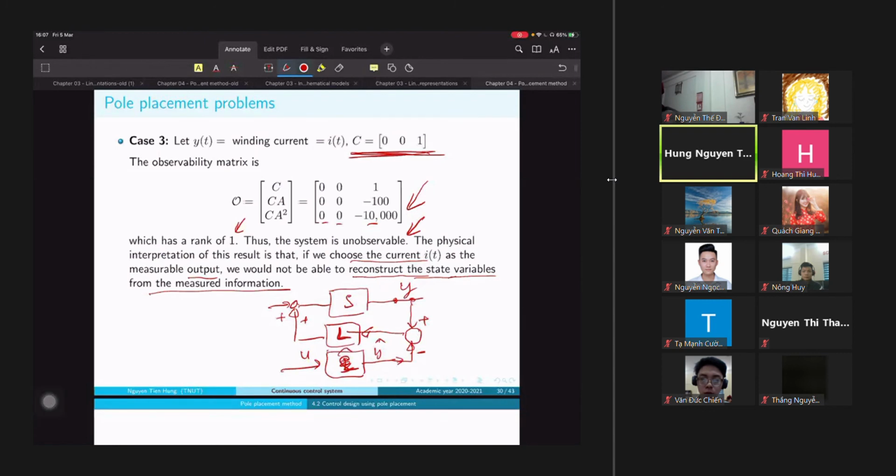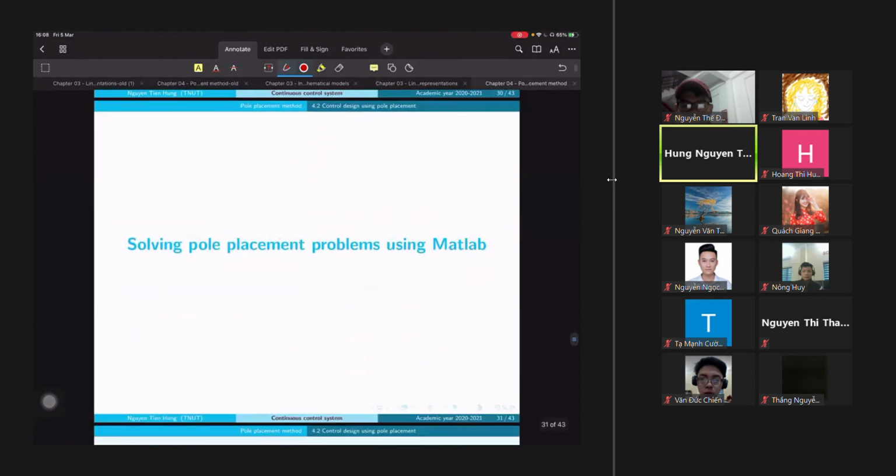You see that in this case you can observe the missing state variables, but if the output is only the current, it's impossible. That's the reason why we have to check before we design anything.